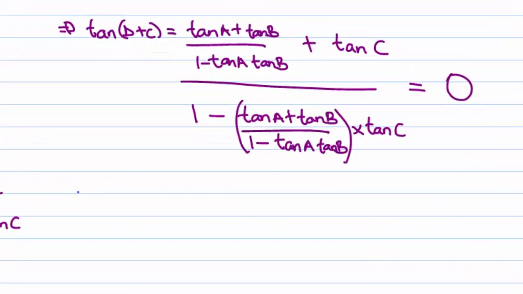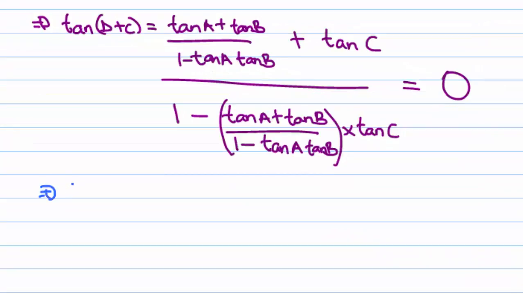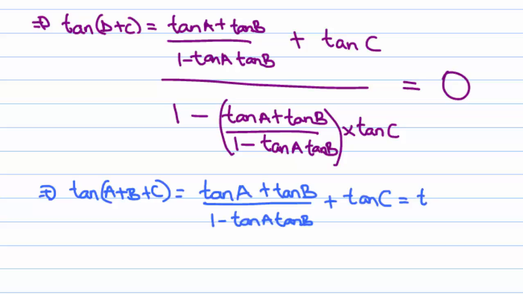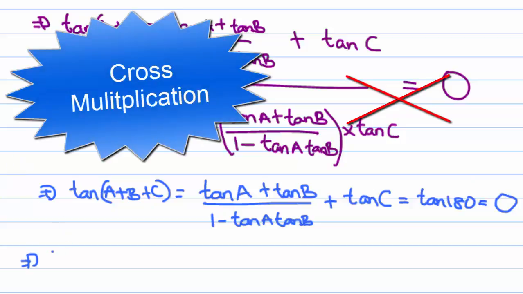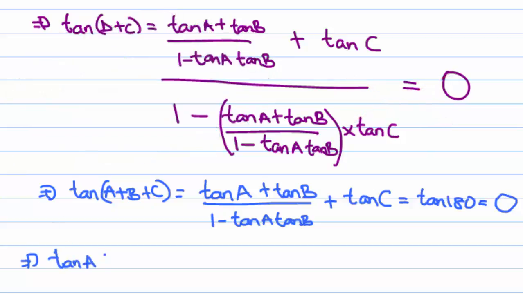Hope you are trying it out on your paper. However, we know that the whole of that is equal to tan 180, and tan 180 on our calculator or in the very first principles that we looked at is equal to 0. So once you cross multiply, you observe that the denominator will simply disappear because any number multiplied by 0 is 0.